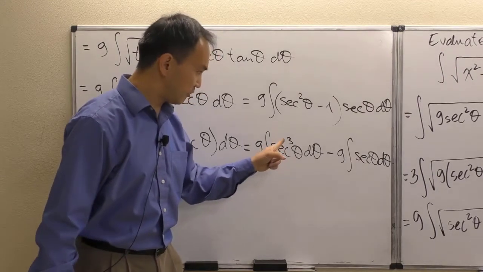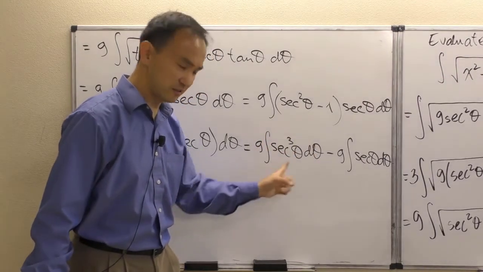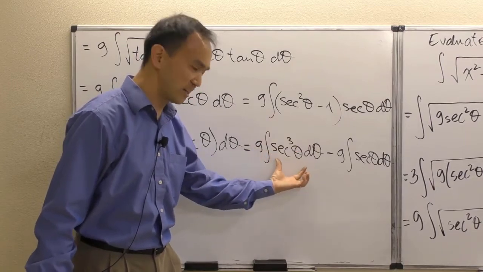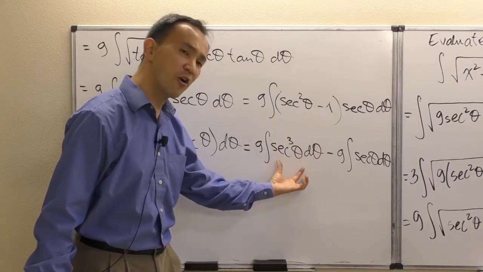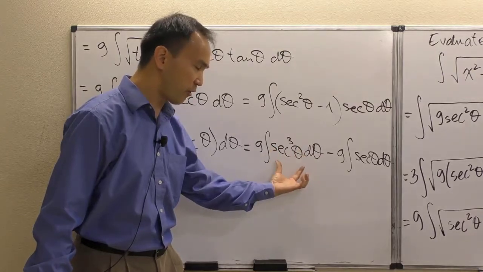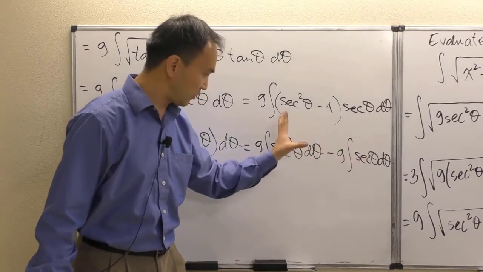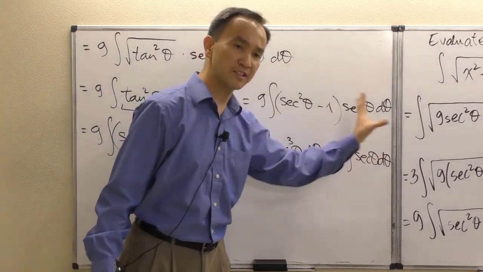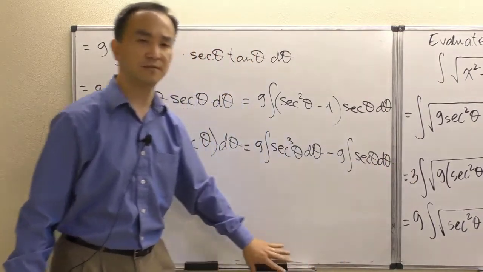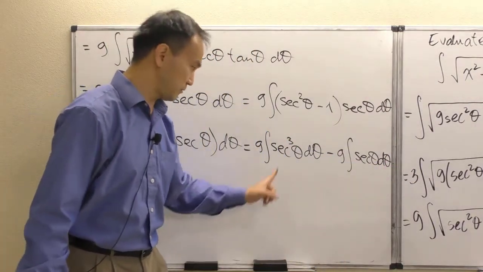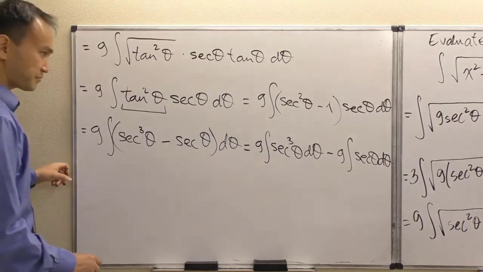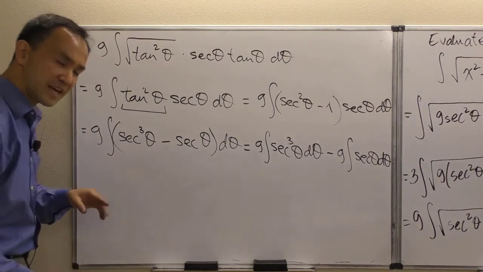I'm going to choose the term with the higher power first and apply the power reduction formula. When it breaks down, we're going to combine it as a like term with the other lower power of the secants here. So let's get started with that secant cube of theta right here.